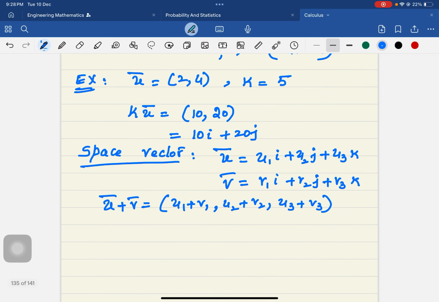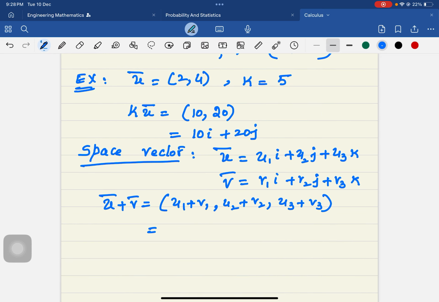Written as a triplet, this is (u1 plus v1) i plus (u2 plus v2) j plus (u3 plus v3) k. This is your u plus v.